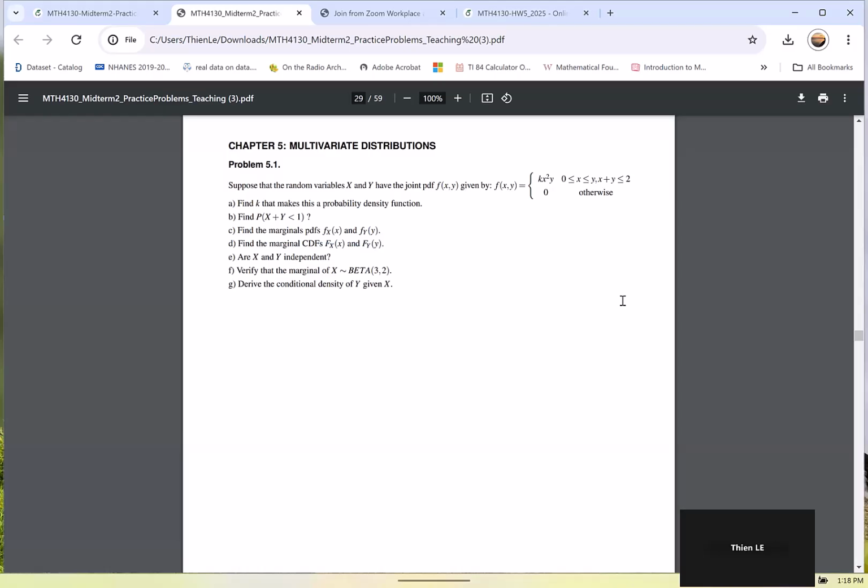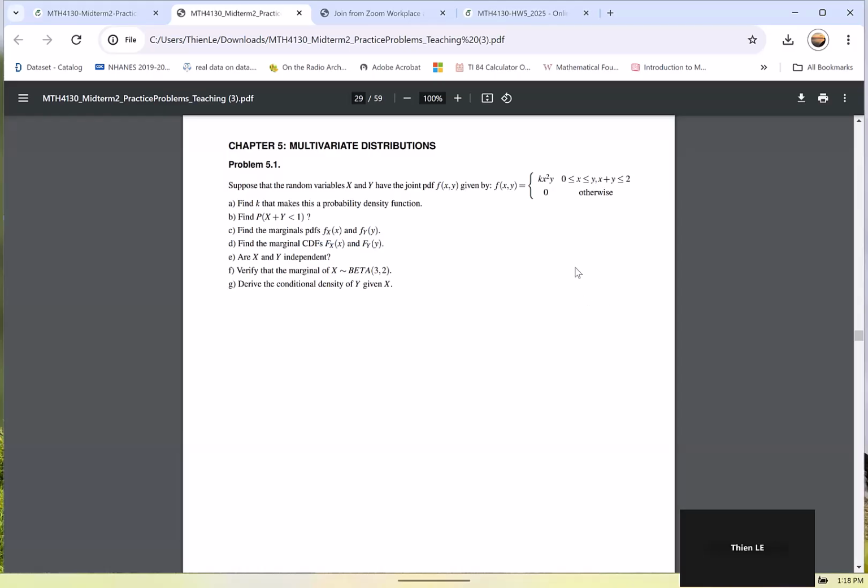So this is a very comprehensive problem. If I have to choose one problem, this must be the problem for the chapter, because it tells us everything from density to finding probability, finding the marginal, checking independence, and deriving the conditional density.